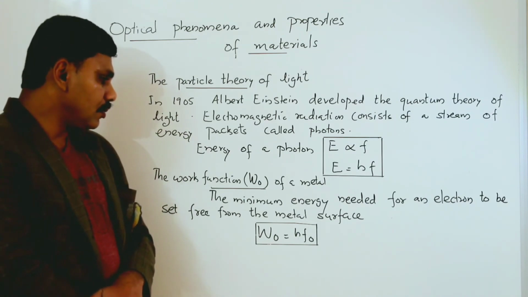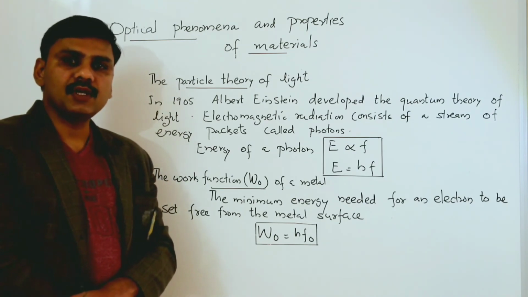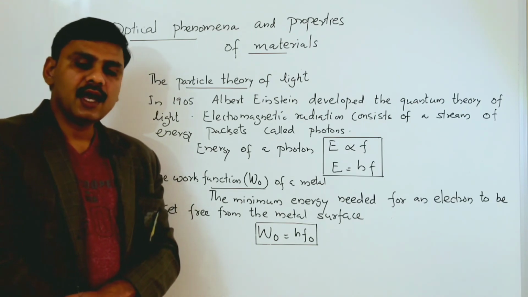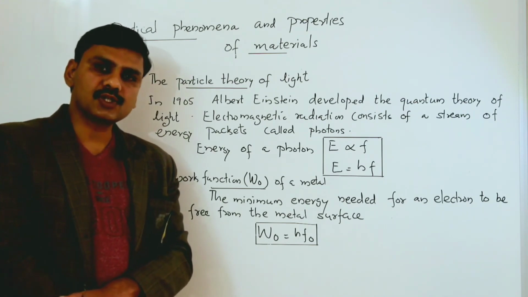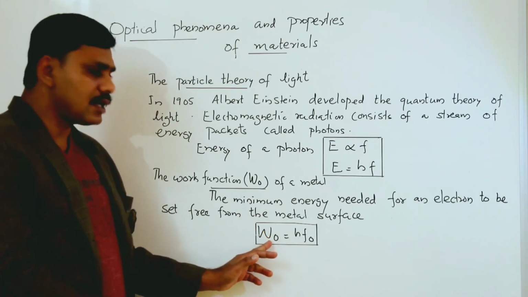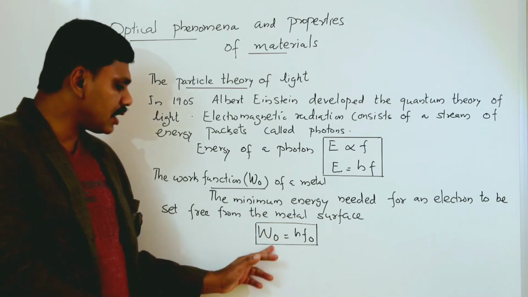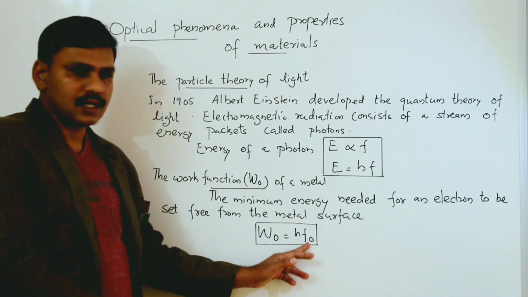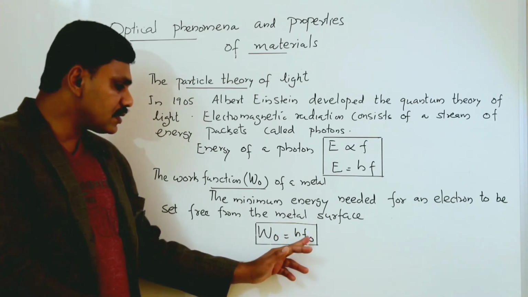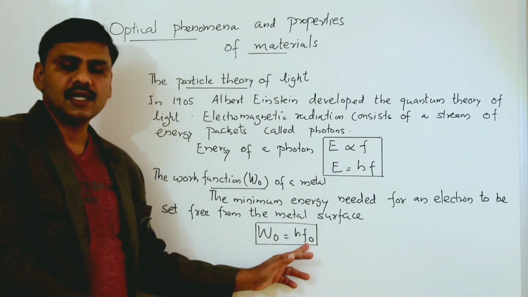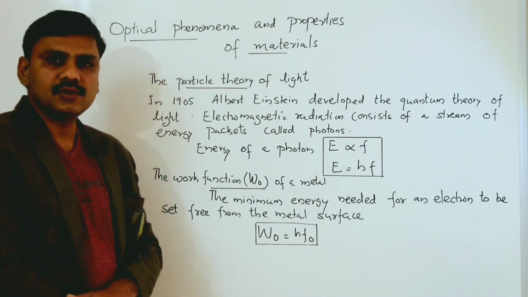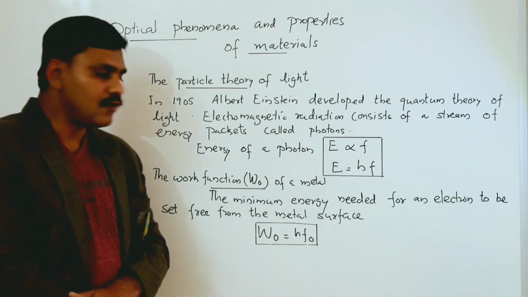So to free the electrons from the metal surface, the radiation should possess the threshold frequency, and the energy corresponding to the threshold frequency is known as work function. Work function simply is an energy. It's an energy corresponding to the threshold frequency. If the frequency falling on the metal surface is less than the threshold frequency, that radiation will not provide sufficient energy for the release of the electron.